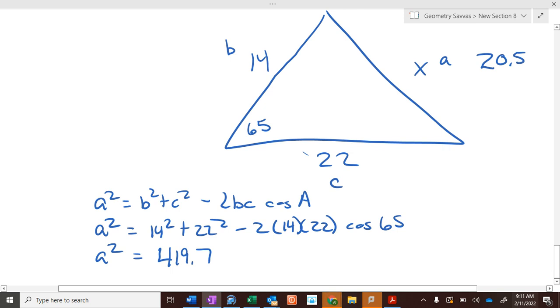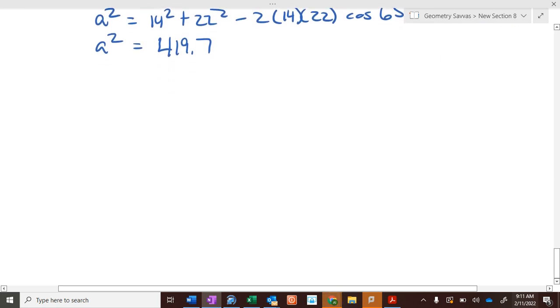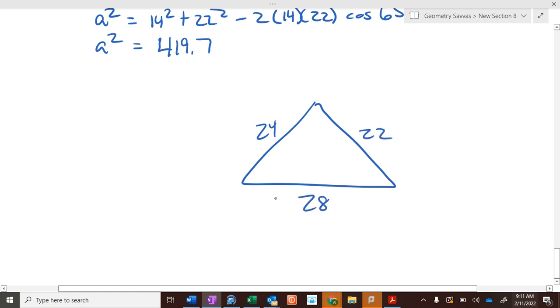Okay? Law of cosines. Then your other law of cosines problem will be 24, 22, 28. And we need to figure out angle X right here. This is B, this is A, and this is C. Which formula would you use?